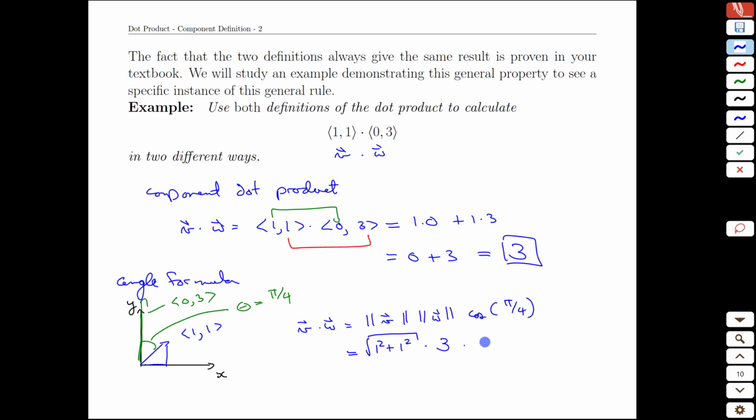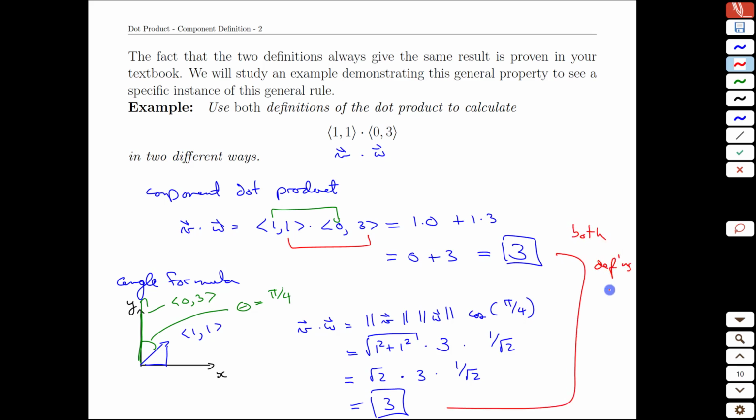The cos of pi over 4 is one of those classic triangle ones. It's 1 over root 2. Well, that's handy because we then see root 2 times 1 over root 2, we get exactly the same value. So both definitions give the same value.